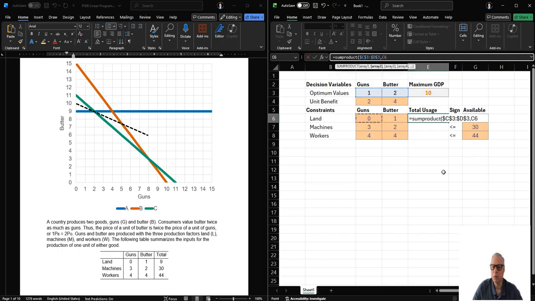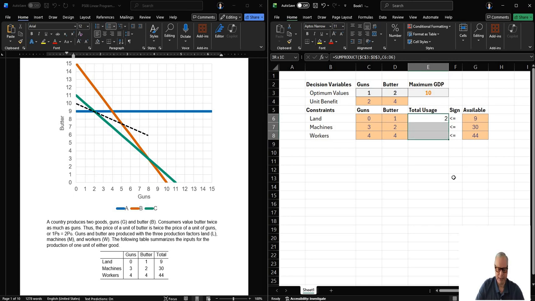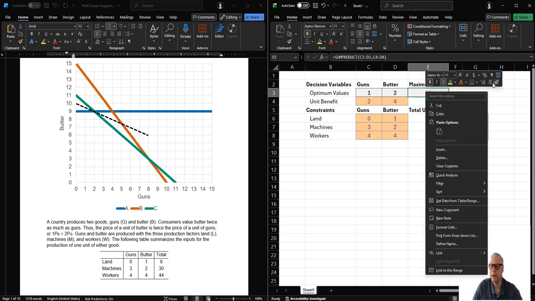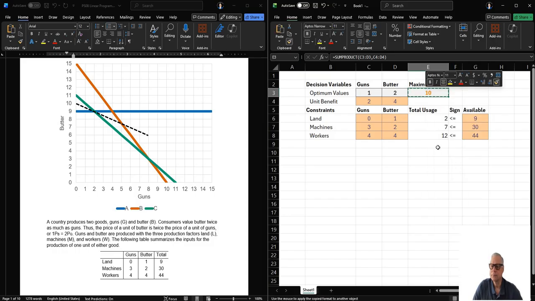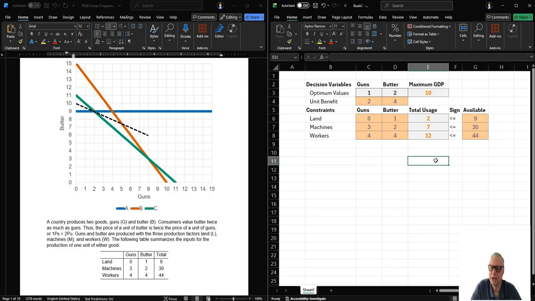And the second one is the coefficients for the land constraints when producing guns and butter. And now I should be able to copy that down. And again, this is also a calculation, and this is how we need to set it up in Excel.